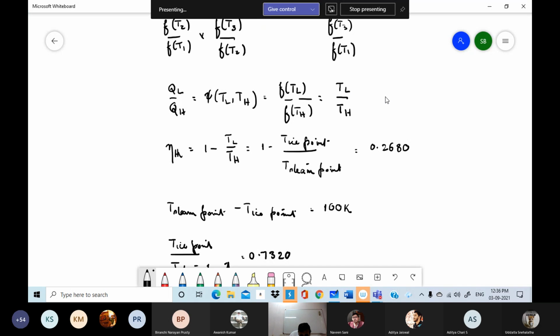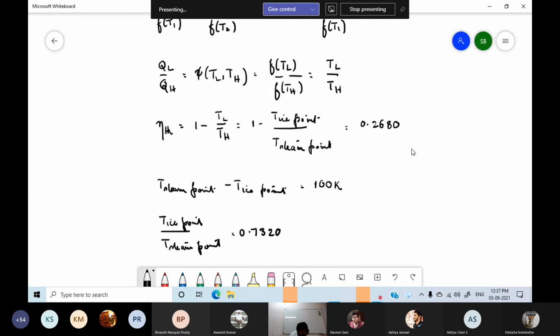So then the question would arise that with a certain assumption about the functional form of this f, we define what is temperature. So how does this temperature tally with the temperature scale which was based on the triple point?